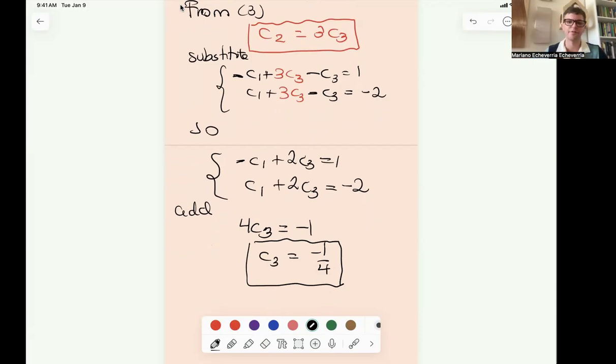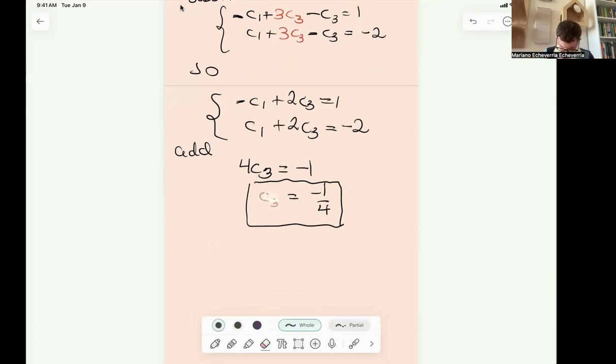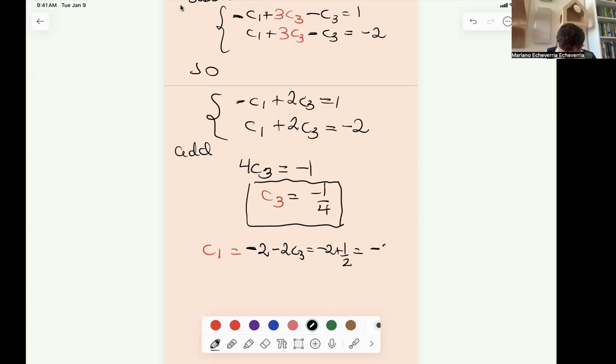And that is like a domino effect, because once you have that, you do know all the others, right? What is C1 then? C1 would be -2 minus 2C3, which is -3/2. And that is enough to pin down everything, right?